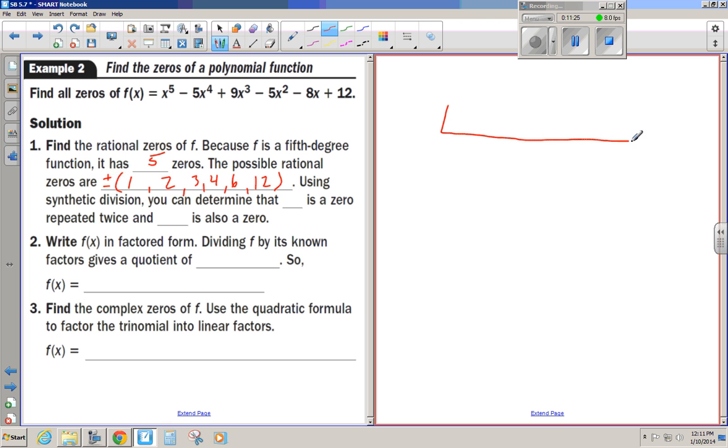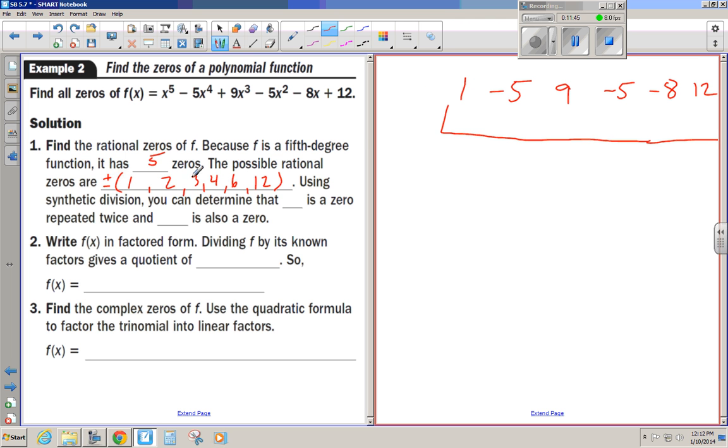So, synthetic division, coefficients go across the top: the fifth, fourth, third, second, one, and constant. So we aren't missing any terms.